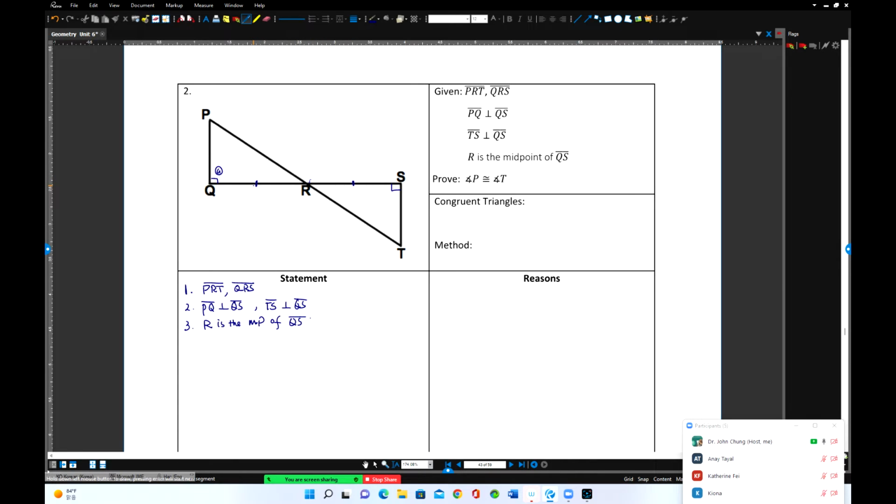They are congruent. So we got the side over here. We need one more: yes, there are vertical angles. This is what? Angle side angle is okay. Angle side angle is working, right? So we have to go this method. They are given.